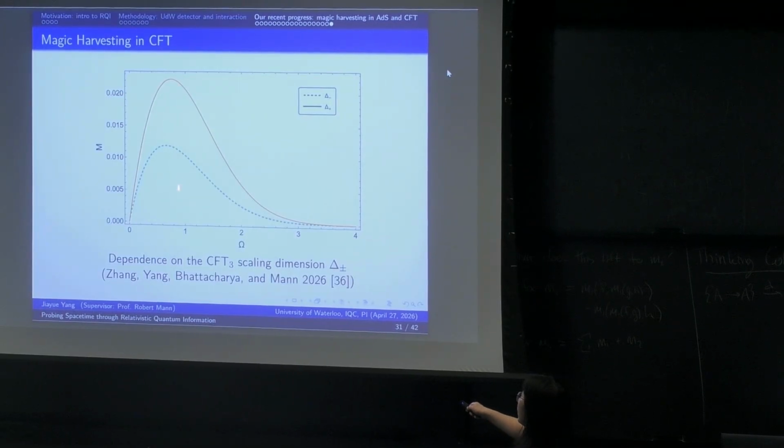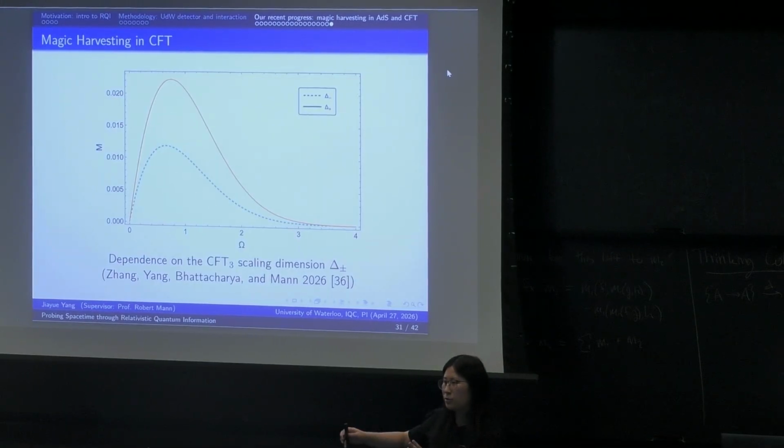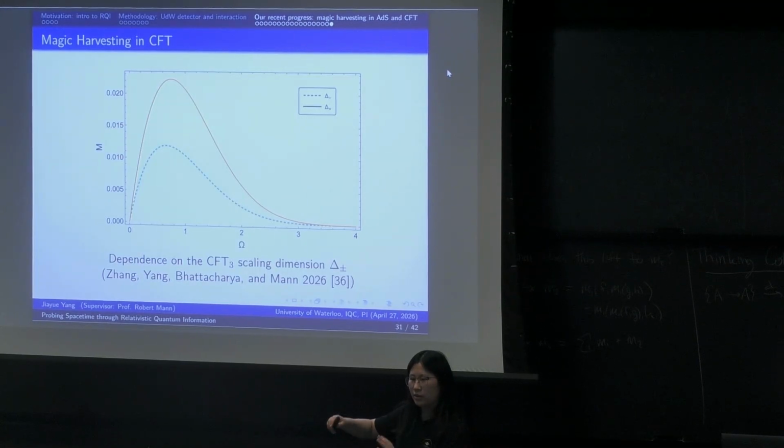And this one corresponds to the other scenario, where you assign the slow falloff to the response. So they are different, and this falloff is related to when you expand your field operator near the boundary, it will have several terms.